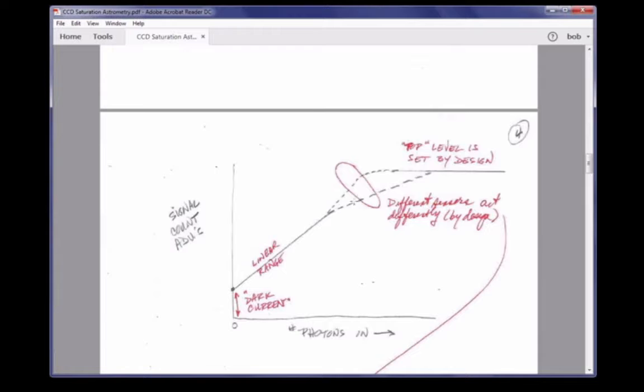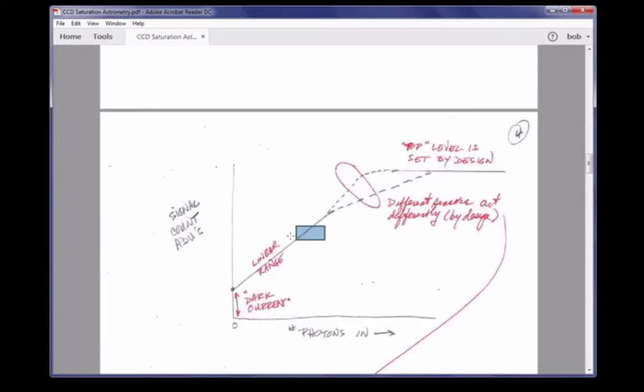Others have a much more gradual curve. You want your data to always be within the linear range so that it's easy to translate ADUs that you've measured as being proportional to the photons that came in. So that's why you want to make sure that your target and your comp stars lie somewhere in that region.